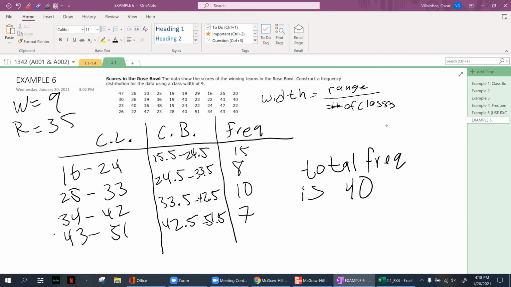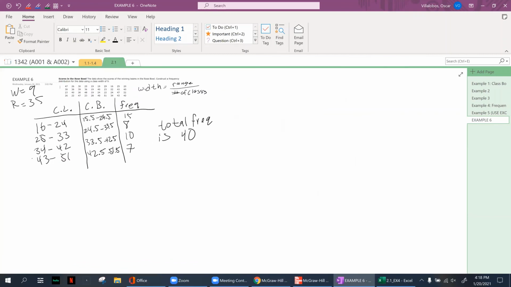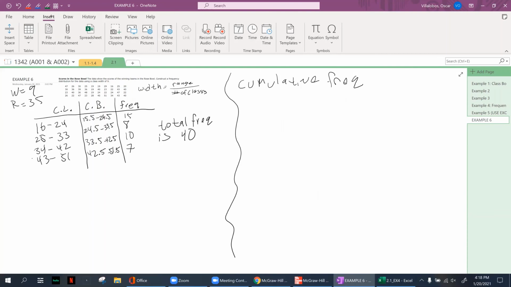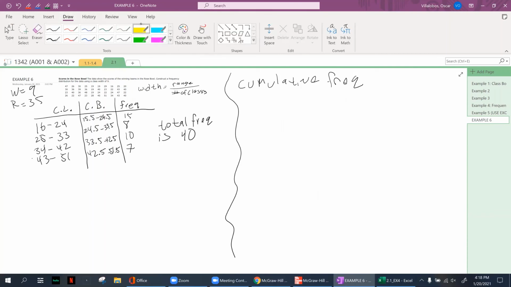But hey, let's just say that we wanted to keep going and do the cumulative frequency data. What we said was that we were going to get these values from our boundaries, CB, and use that.